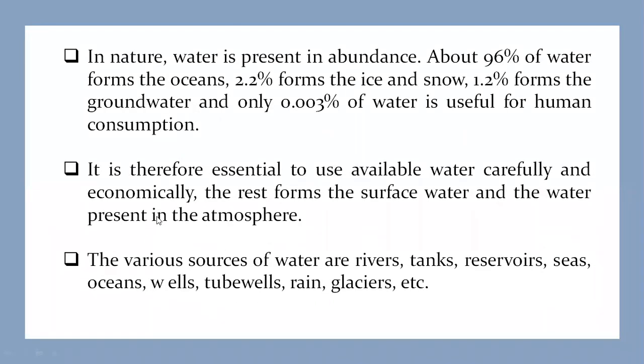In nature, water is present in abundance. There is huge water, but about 96% of water forms the oceans. 2.2% forms the ice and snow. 1.2% forms the groundwater, and only 0.003% of water is useful for human consumption.